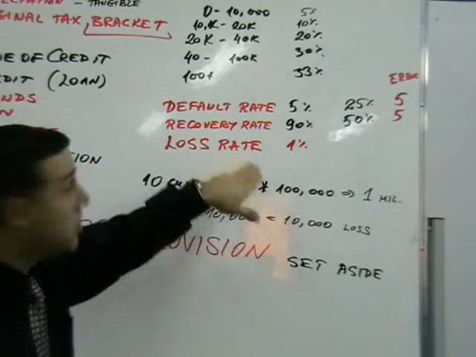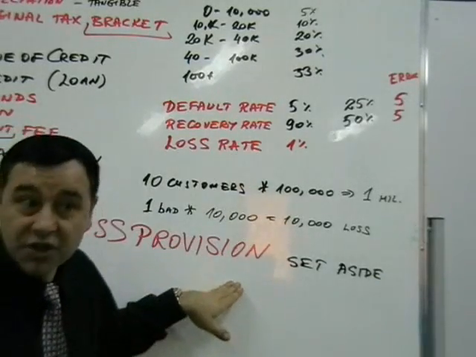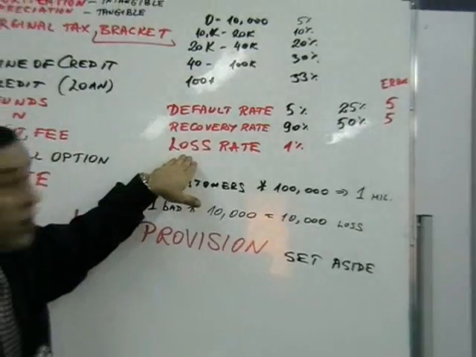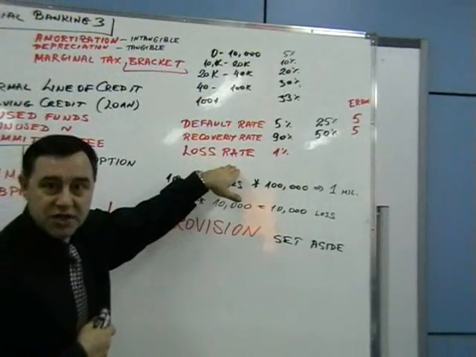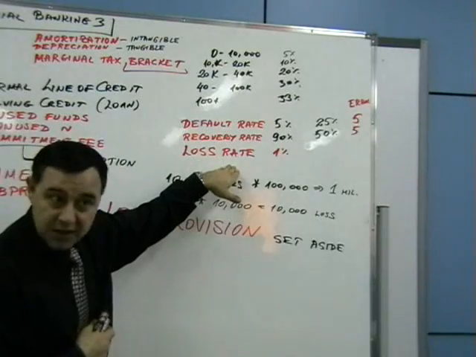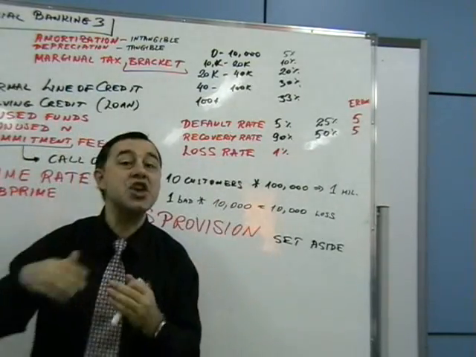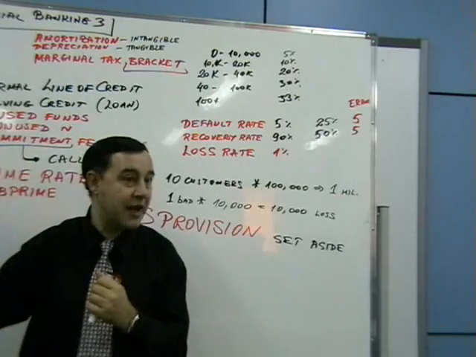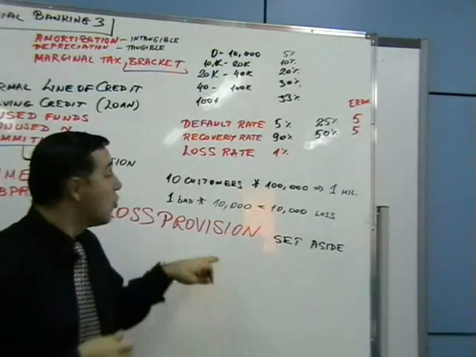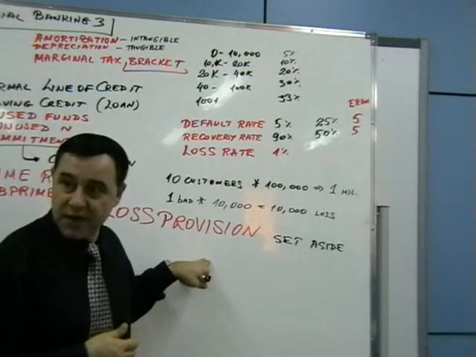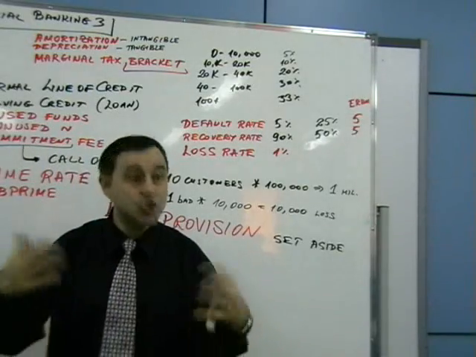And in this particular rate, the loss provision will be equal to the loss rate multiplied by the increase in the current outstanding. So, in other words, we provide this month 10 million new loans.